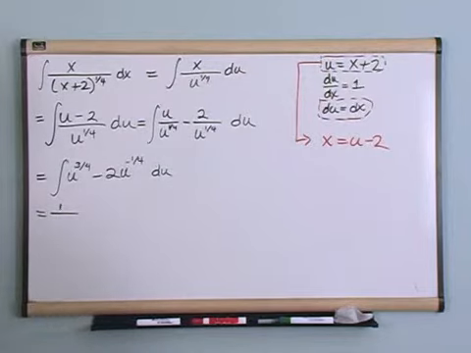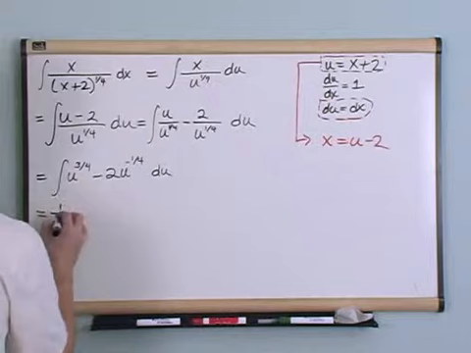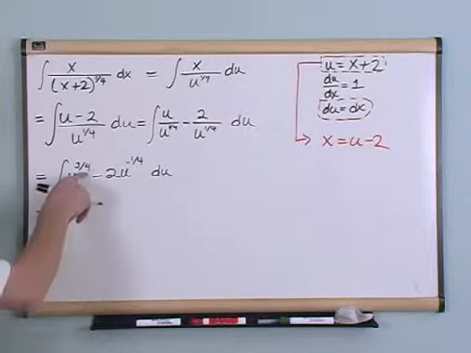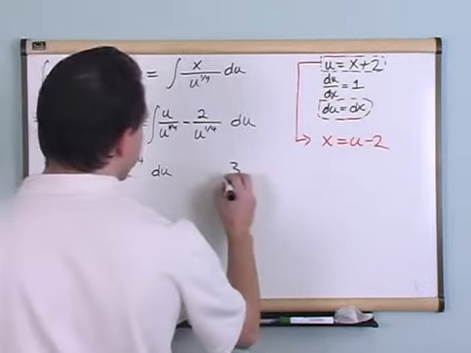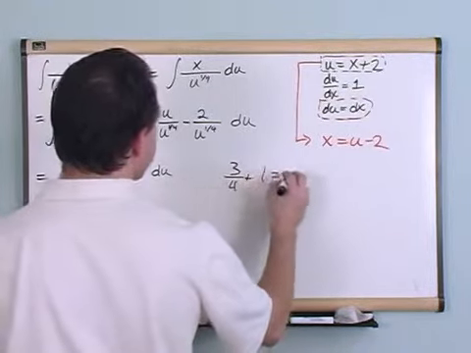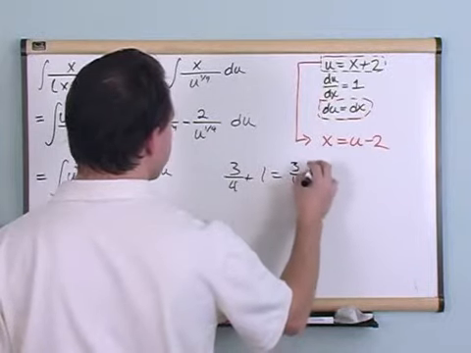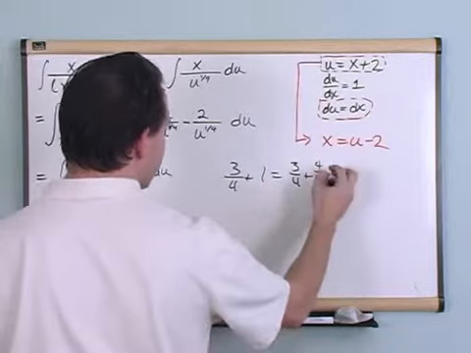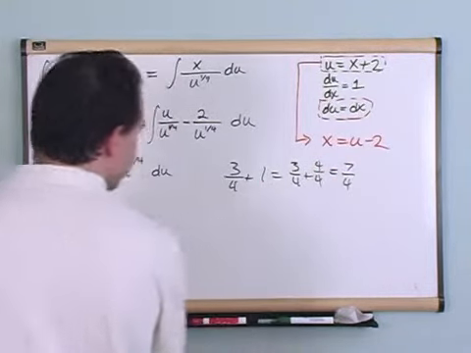3/4 plus 1, right? 3/4 plus 1 is 7/4. I think you can convince yourself of that. You could do that on a piece of paper somewhere. 3/4 plus 1, we could just do it here. 3/4 plus 1 is equal to 3/4 plus 4 over 4, right? And just change this to 4 over 4 to get a common denominator, and that's 7/4. Okay?